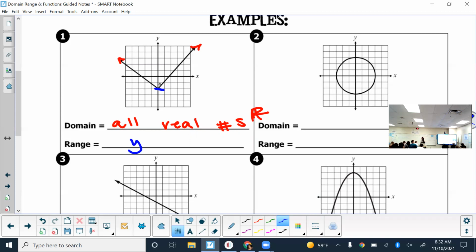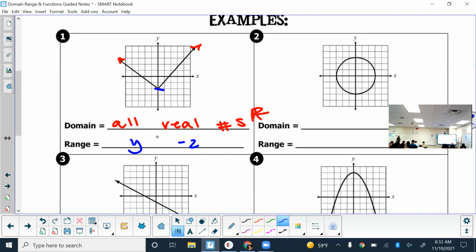Where does it stop on the y-axis? -2. So I'm going to leave space for the symbol. I use the letter y because range is all of your y's. Would you say that the y values on this line are greater or less than -2? Greater.